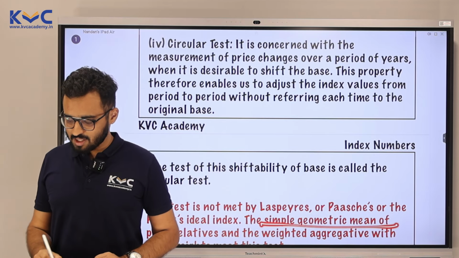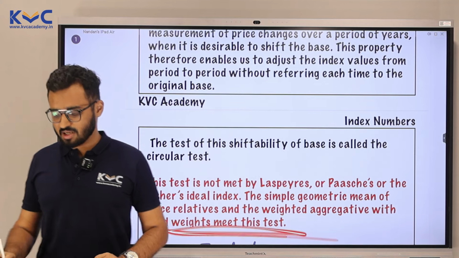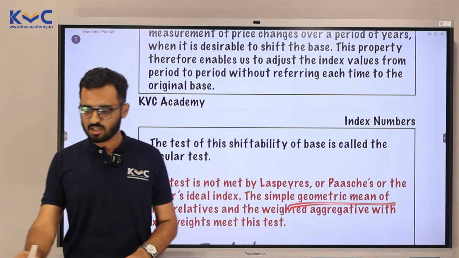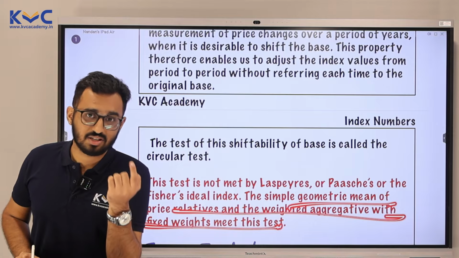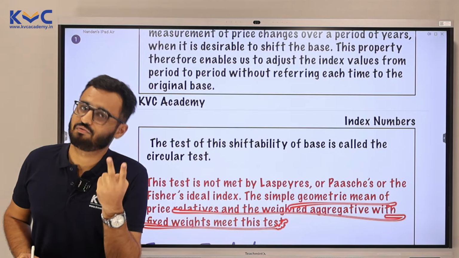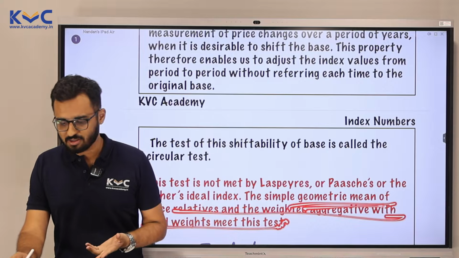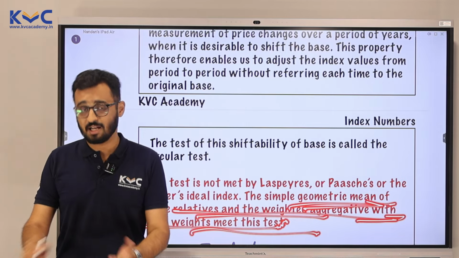So only simple geometric mean of price relatives and weighted aggregative with fixed weights meet this test. So both of these are not a contender for an ideal index number because Fisher's fulfills 2 of the 4 tests, that is time reversal and factor reversal. Just because simple geometric mean of price relative and weighted aggregative fulfills circular, we don't call it ideal. Understood?